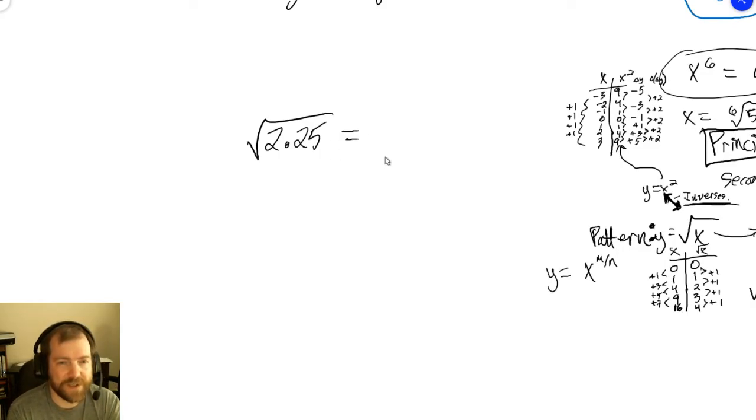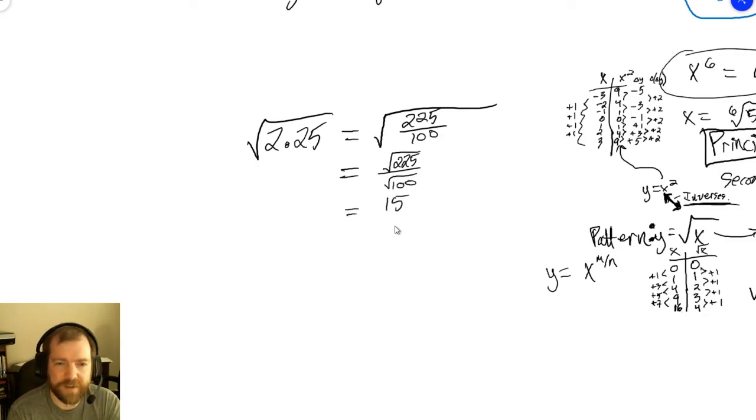This is an interesting thing. This is really the square root of 225 divided by 100. So what you've got is the square root of 225 divided by the square root of 100. Square root of 225 is 15. Square root of 100 is 10. So this is going to be 1.5 or 3 halves.